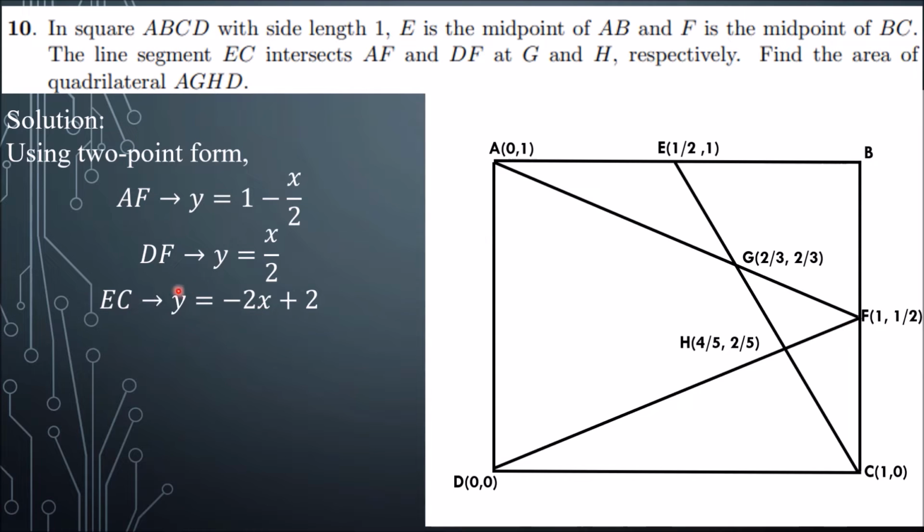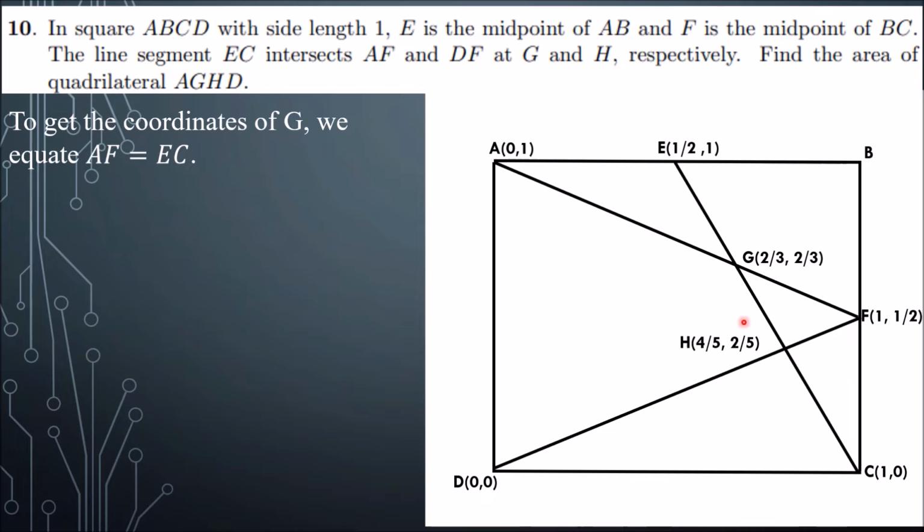Next, to get the equation of DF, we'll use again 2-point form and we'll have y is equal to x over 2. For EC, the equation is y is equal to negative 2x plus 2. So using 2-point form, using the 2 points, the coordinates of the points.